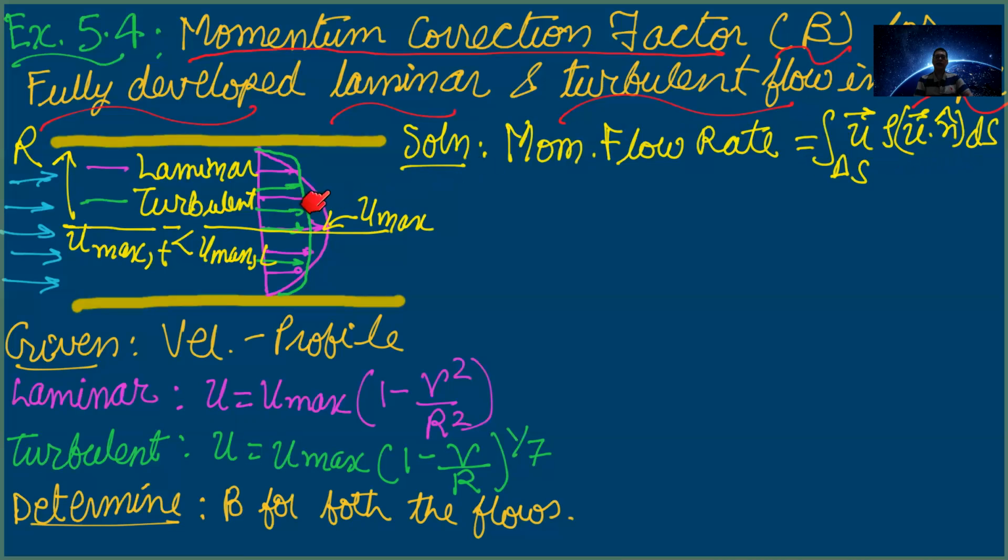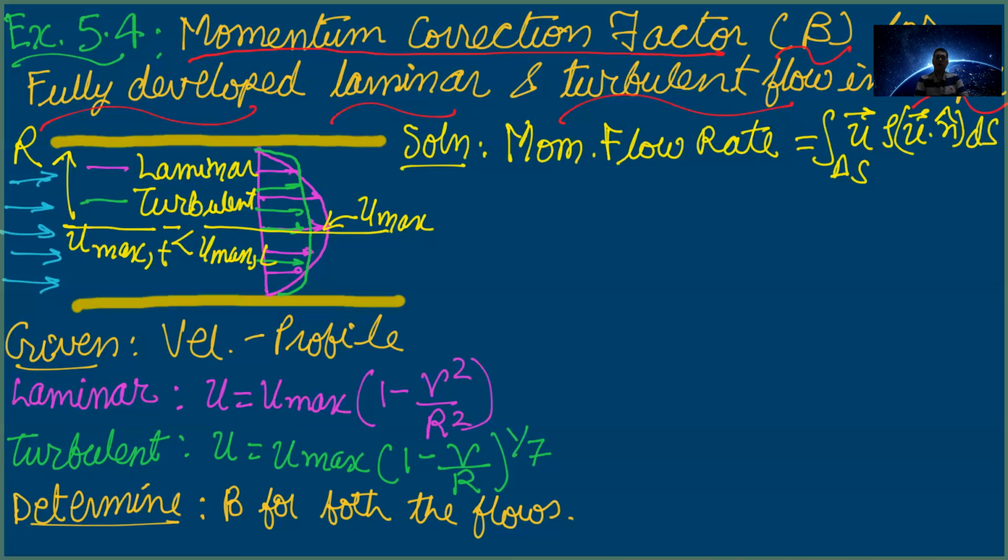In this case, the integral is over the circular cross section of the pipe, and the elemental surface area is 2 pi r dr, integrated from 0 to capital R. So this is the momentum flow rate in integral form.